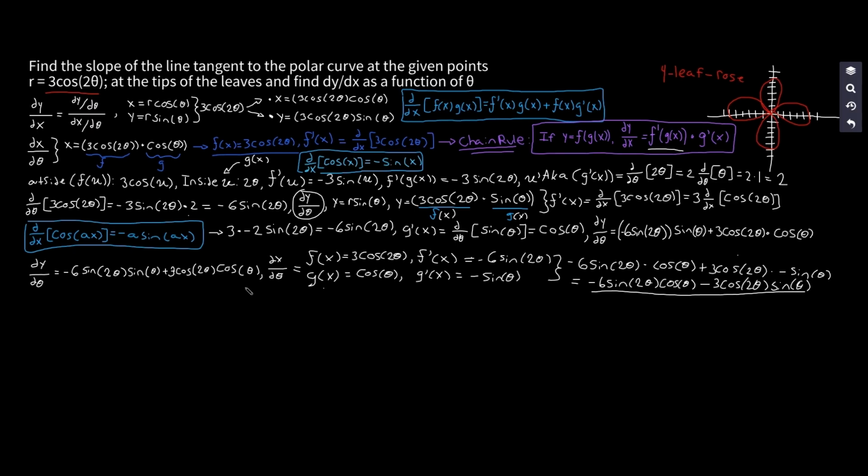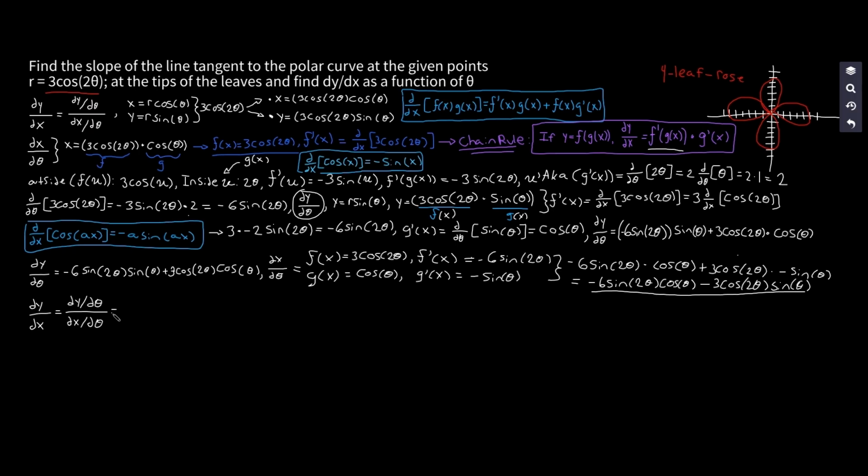Now, we can plug in for the slope. So let me just be thorough. dy over dx equals the derivative of y with respect to theta over the derivative of x with respect to theta.